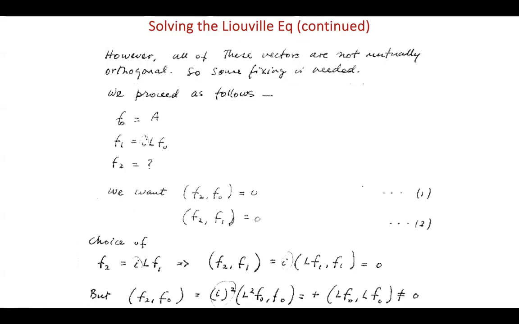And that's all right. So I can make that 0. But F2 comma F0 will not be 0. So there is a problem.